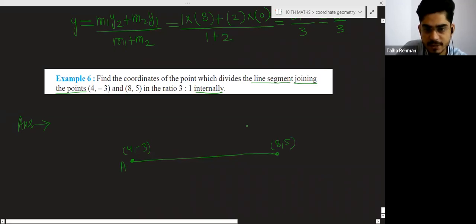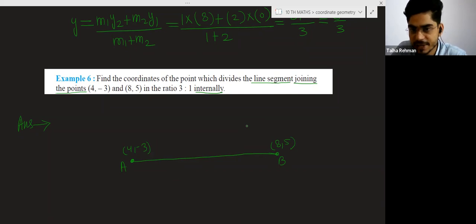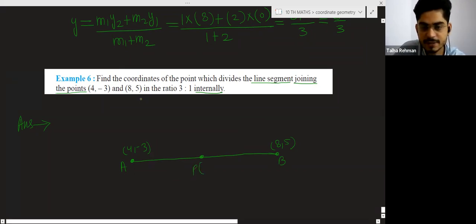Suppose this is a point A, this is a point B. Find the coordinate of the point which divides the line segment joining these points. Suppose a point P anywhere in between, having the coordinates x, y, and this point divides this line segment AB in ratio 3:1.